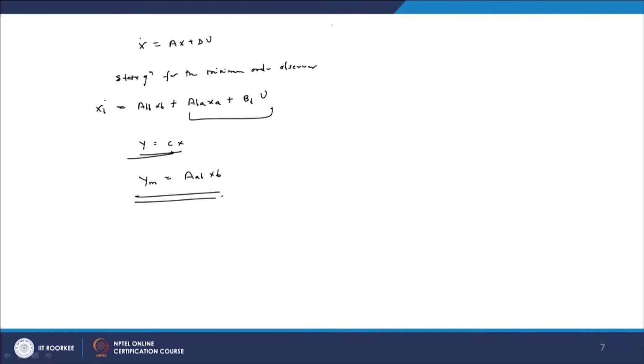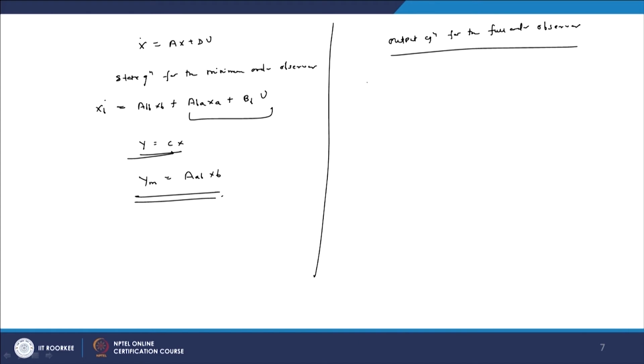So, the observer equation for the full order observer can be written as Xc dot equal to A minus Ke into C into Xc plus Bu plus Ke into Y. So, similarly here also we have to write the equation for the reduced order observer, or we can say the minimum order observer.